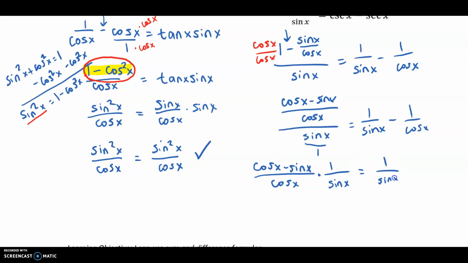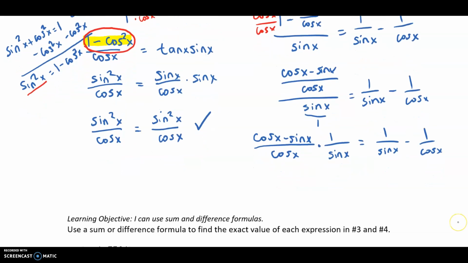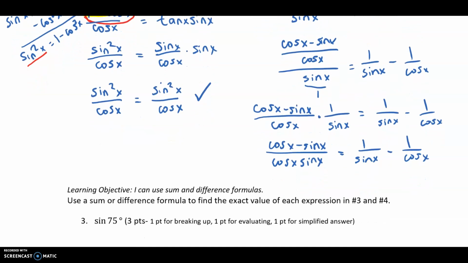This is 1 over sine x minus 1 over cosine x. Okay. So multiplying these together gives me cosine x minus sine x over cosine x sine x, supposed to equal 1 over sine x minus 1 over cosine x. So I could separate this into two different fractions.